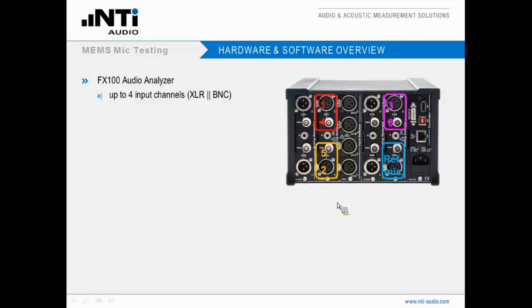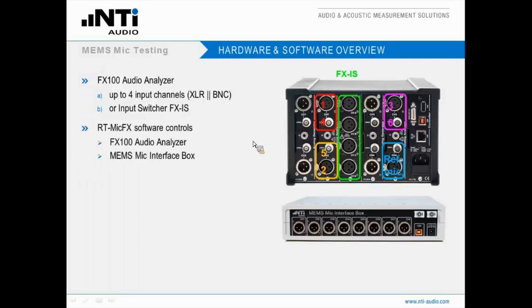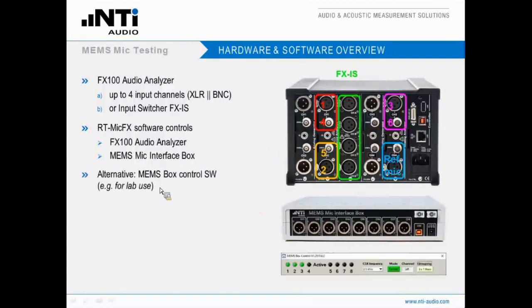Alternatively, you can also plug in an input switcher, 4-channel input switcher. This will allow you to sequentially test these MEMS microphones as you have seen in our example just a couple of minutes ago. The software that we are using controls both the analyzer and the MEMS mic interface box. Alternatively, we have also another software. It's called the MEMS box control software, free of charge, available from us.